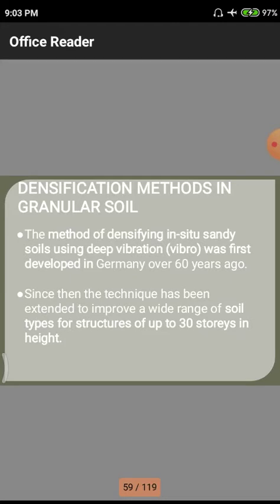Next we have these densifying methods. First of all, these densifying methods were introduced by Germans 60 years back. By using these densification methods, we can construct buildings up to 30 stories.